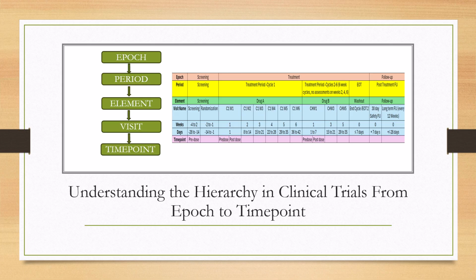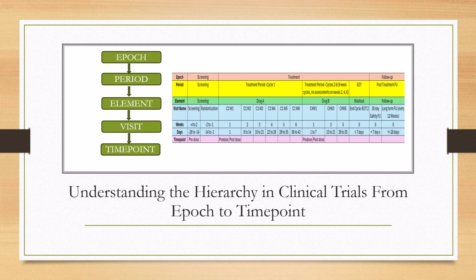So that's why all the visits, from cycle 1 week 1 to cycle 1 week 6, have the element as drug A, that is, the subject is undergoing the treatment using drug A. Similarly, after the end of cycle 1 week 6, from the start of cycle 2 till cycle 6, we have the visits week 1, week 3, and week 5.